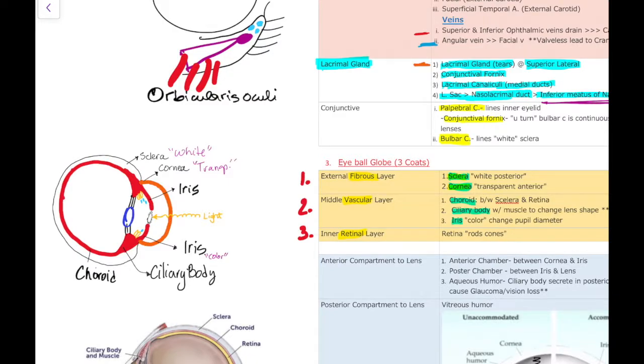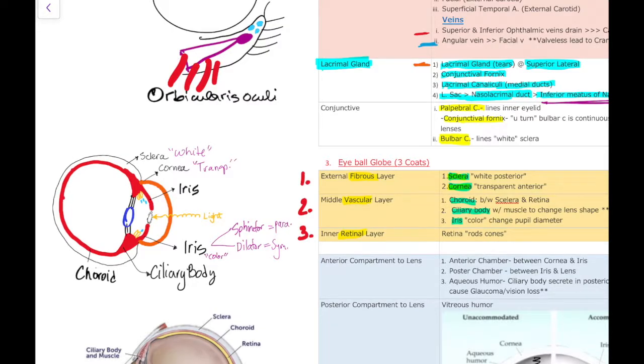But the iris has two muscles. We have the sphincter that will close it, and we have a dilator that will open it. Dilator will be my sympathetics, and sphincter would be my parasympathetics that take part in the iris.